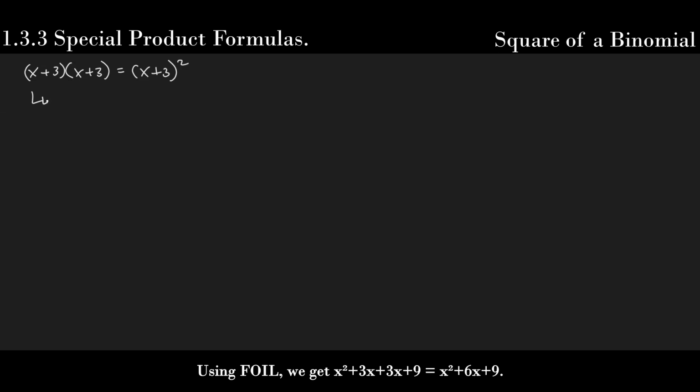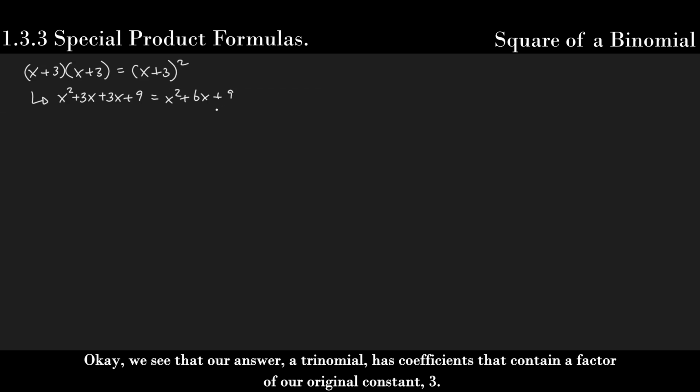Using FOIL, we get x squared plus 3x plus 3x plus 9, which simplifies to x squared plus 6x plus 9. Okay, we see that our answer, a trinomial, has coefficients that contain a factor of our original constant, 3.